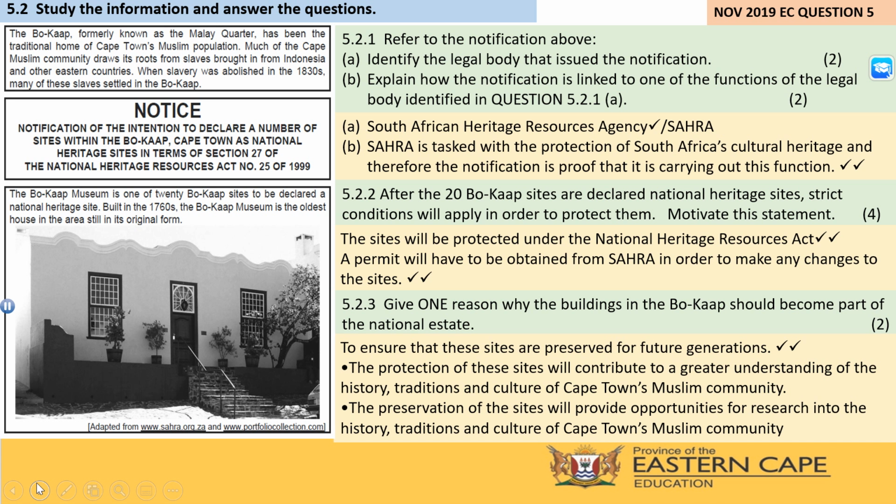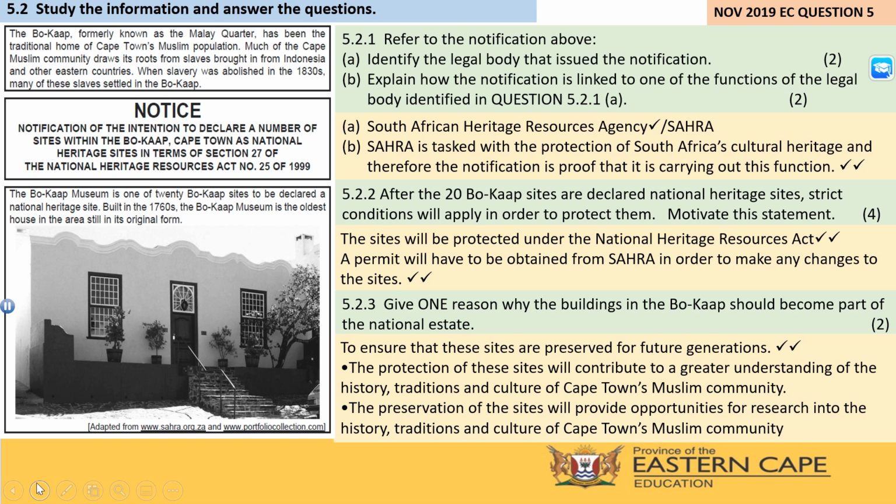Now again, if I can just refer you to the application of your knowledge, as I mentioned with the second question on this slide, where you are required to have a certain amount of knowledge about this topic, but you're also required to be able to apply your knowledge.